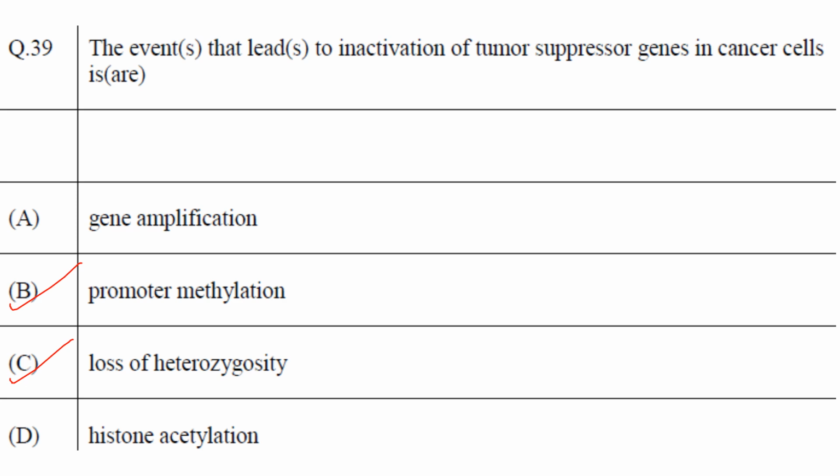That is loss of heterozygosity. So if there is loss of heterozygosity, then also it can lead to inactivation of tumor suppressor genes in cancer cells. So B and C are the answer.